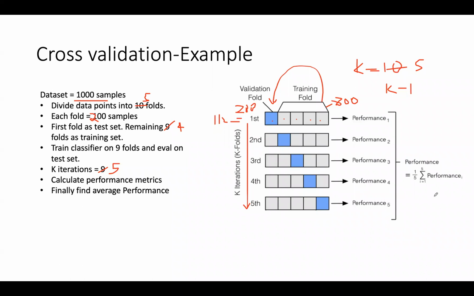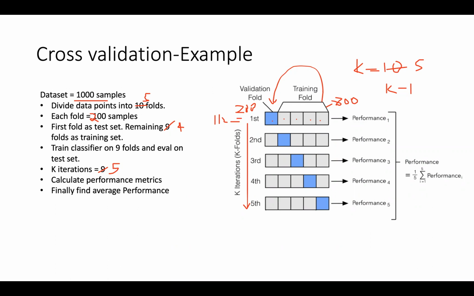This way we can ensure that the model's performance is evaluated on a diverse set of samples, not just a single set, which can give us an overly optimistic or pessimistic estimate of a model's generalization performance.